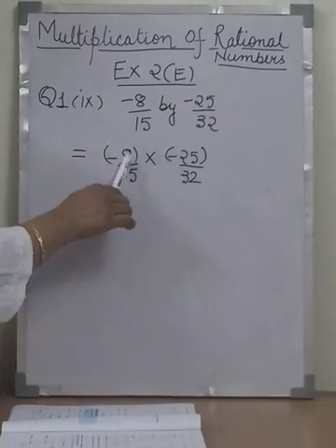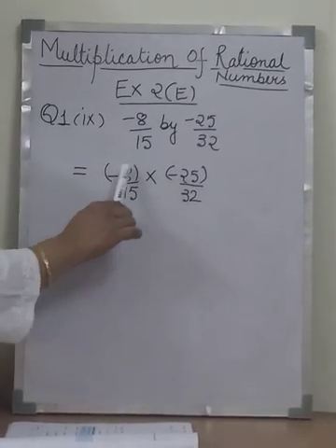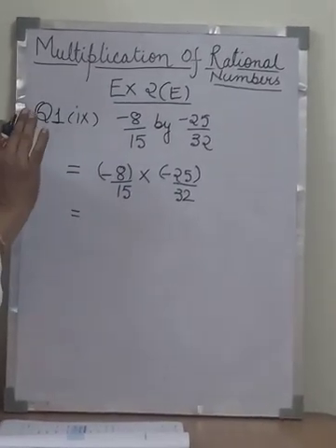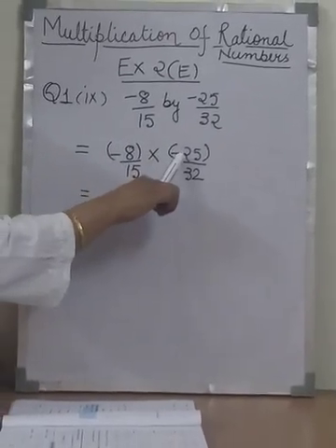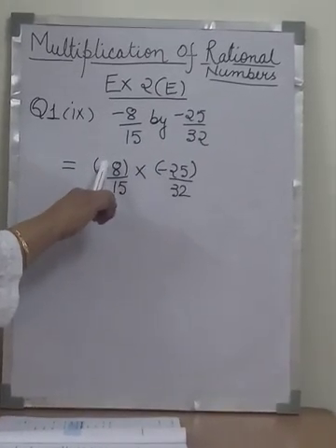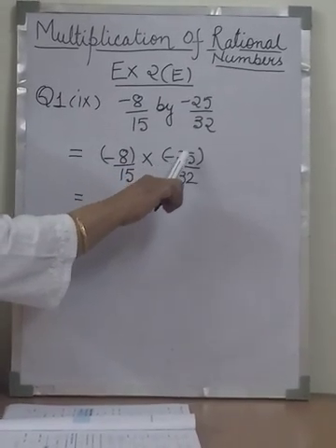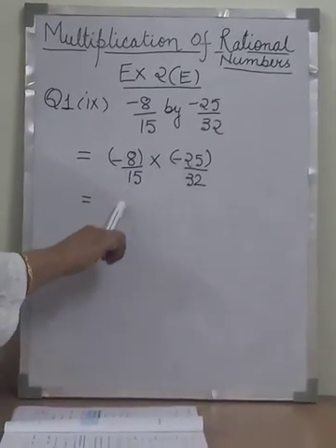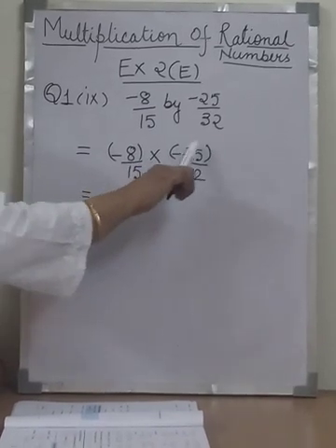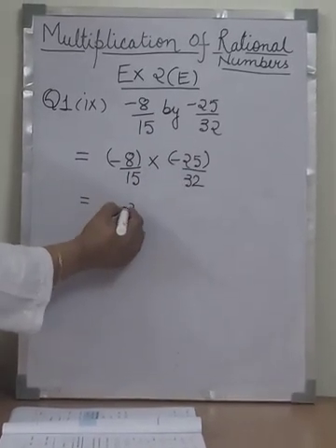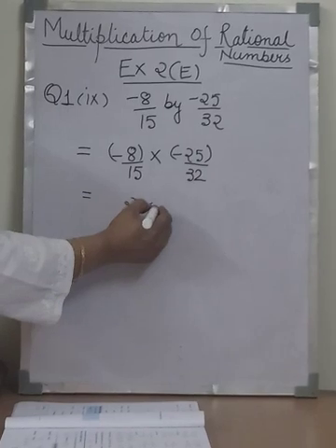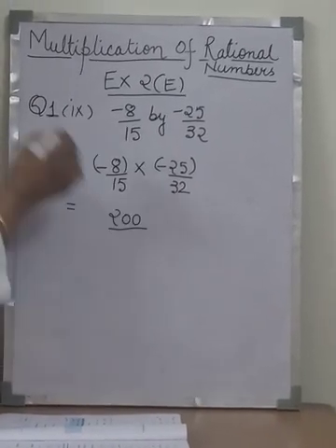Now we multiply numerator with the numerator. Two negative signs, that means the sign is going to become positive. Whenever the negative sign occurs an even number of times, the sign is going to become positive. So minus minus became plus. 25 eights are 200.